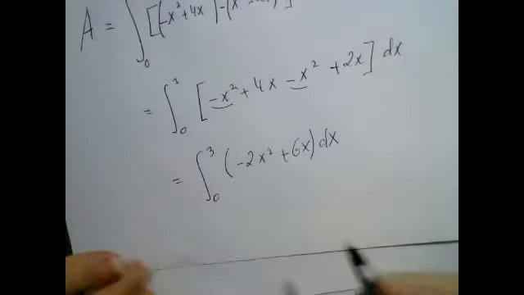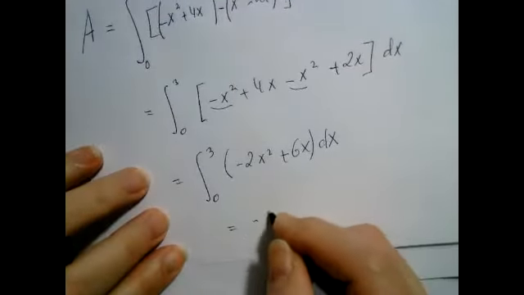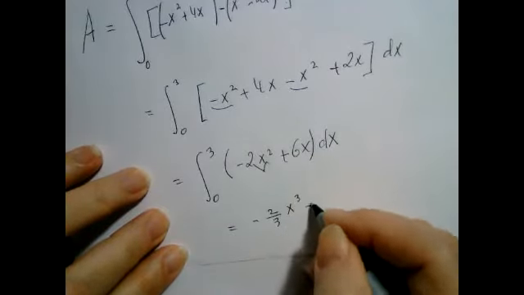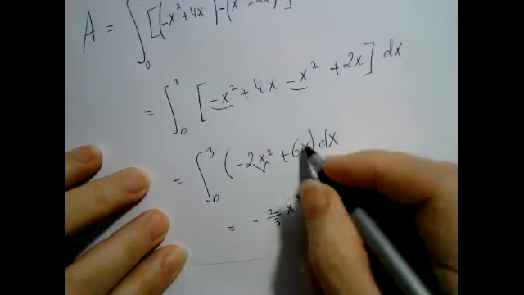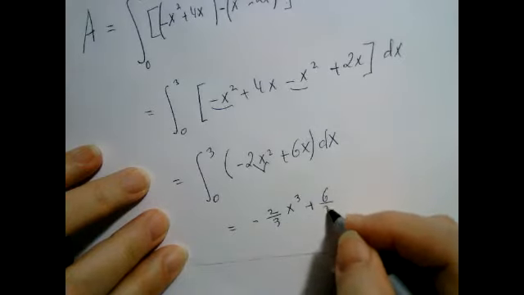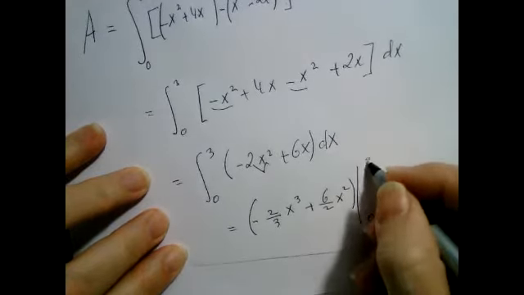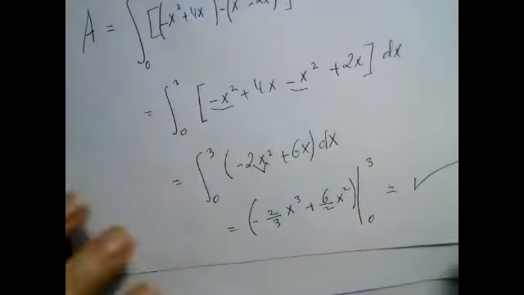The rest, there is not much into it. So this would give me antiderivative of x squared is x cubed plus 6. Antiderivative of x is a half x squared. You evaluate this between 0 and 3, and you get your answer.